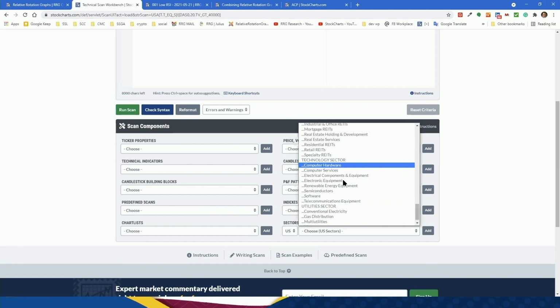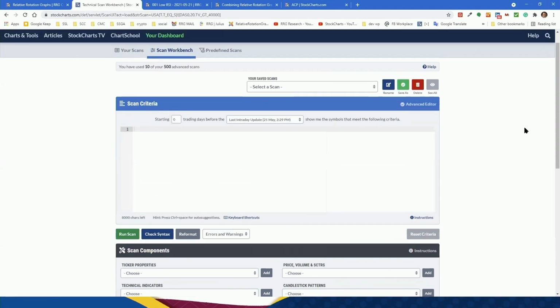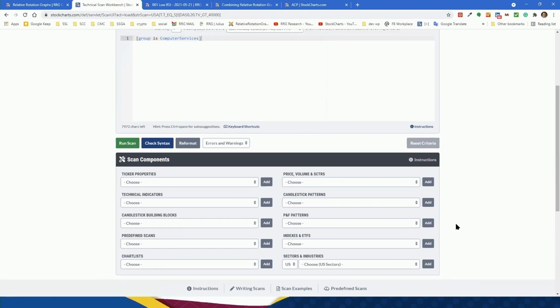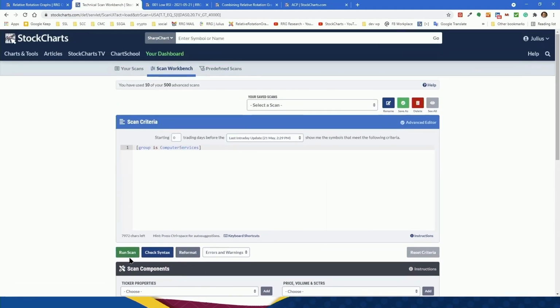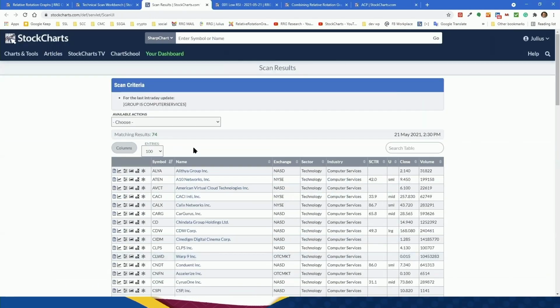Here you see the Dow Jones industries that were on that RRG. And I'm going to select computer services. So this scan here, obviously you need to add it. There it is. And if I now run this scan, this is a very simple scan. This scan is now going to give me all the stocks that are a member of the group computer services.